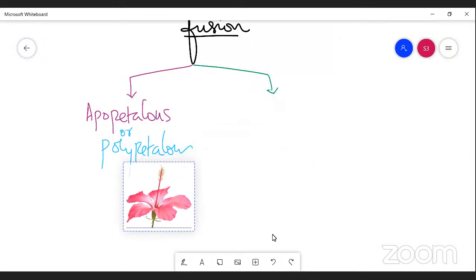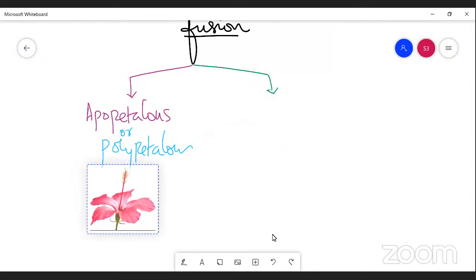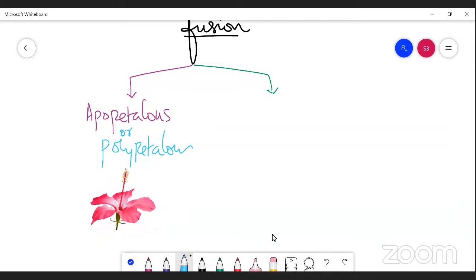It is polypetalous, because the petals are freely originated. Repeatedly I'm saying, the petals originate in a flower freely, and that is called polypetalous.